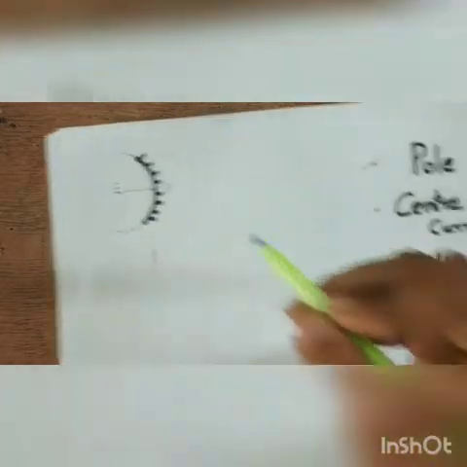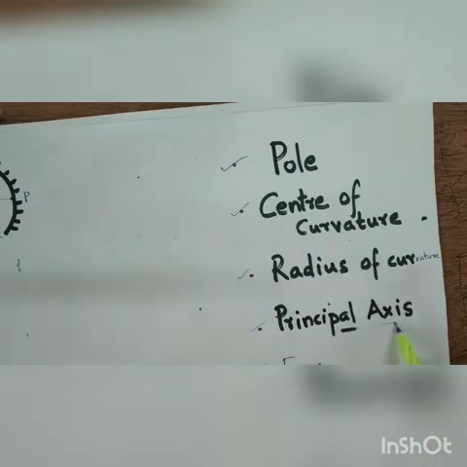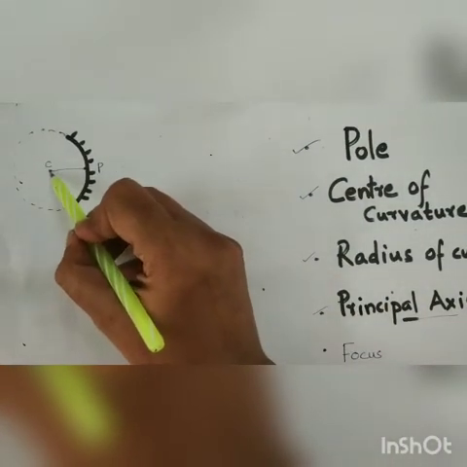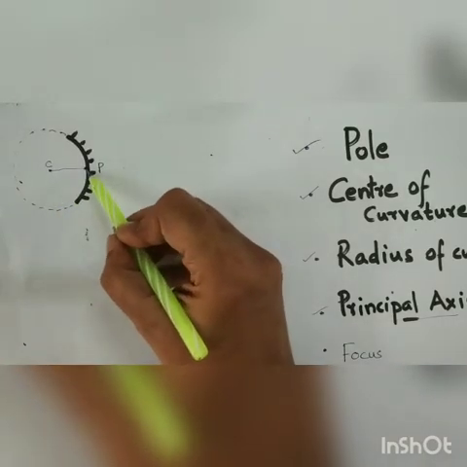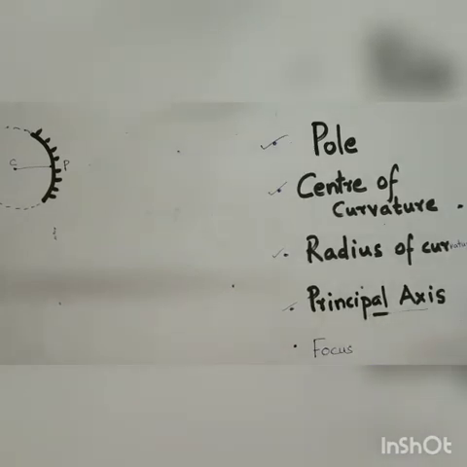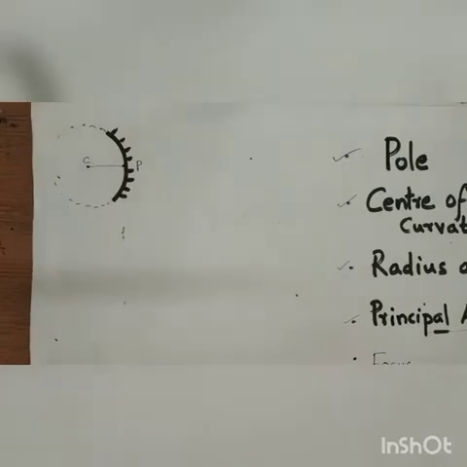Next is principal axis. Principal axis is the straight line passing through the center of curvature and the pole. Remember, the spelling of principal axis, it's not principle like Archimedes principle, not P-L-E, but P-A-L, similar to the spelling of your school principal, the sweet old lady who is talking to you right now.